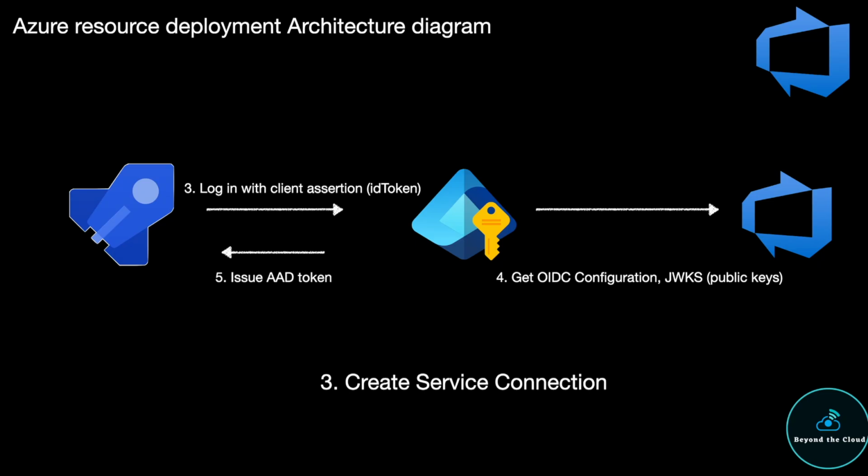So the first thing that you have to do is go to your Azure portal and register an application. And whenever you register an application, the application can have three kinds of authentication. One is certificates, second is client ID and client secret, and third is your OIDC that we will do now. And the OIDC trust will work for your DevOps project.